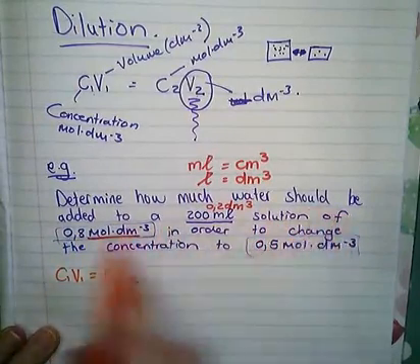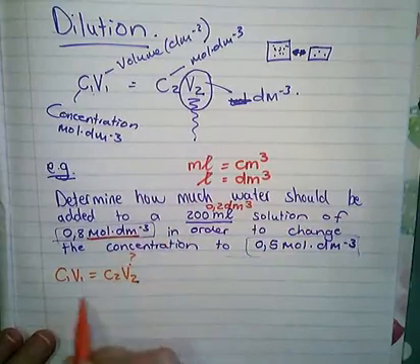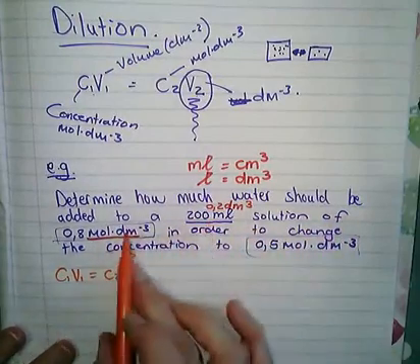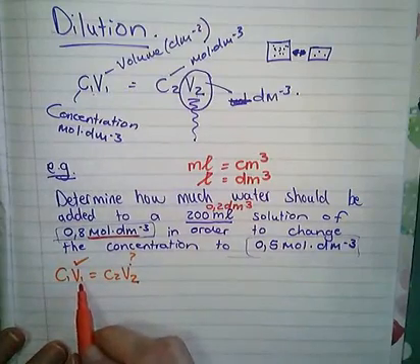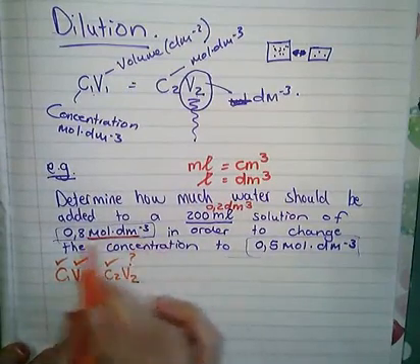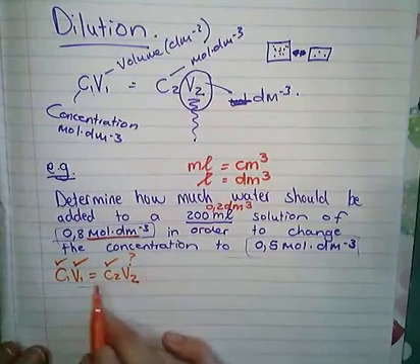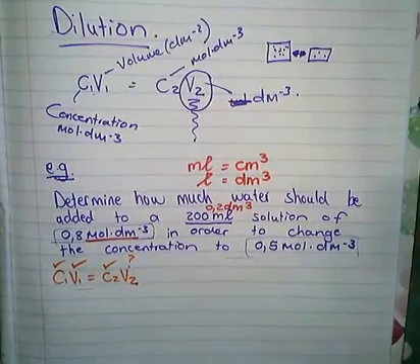So in that formula, we only need that one unknown. So to substitute in there, initial concentration is 0.8. The initial volume is 0.2. The final concentration has to be 0.5. And we want to calculate the final volume.